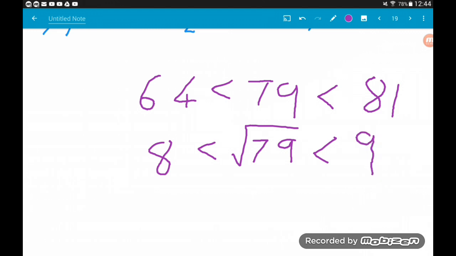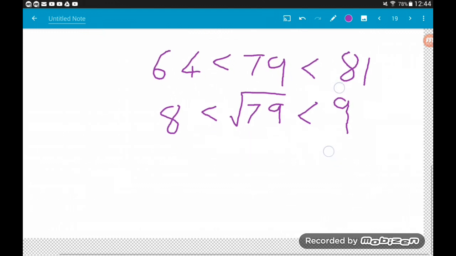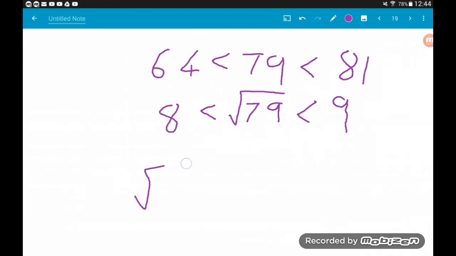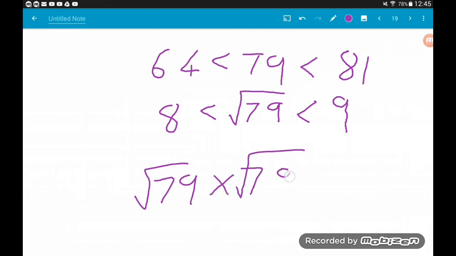So, what's this telling us? Well, we know 79 is not a square number. We know that root 79 is somewhere between 8 and 9. So root 79 is 8 point something. So, well, what do we know here then? We know root 79 times root 79 would give us 79, but we've ruled out every number less than or equal to 8 as a factor of 79.